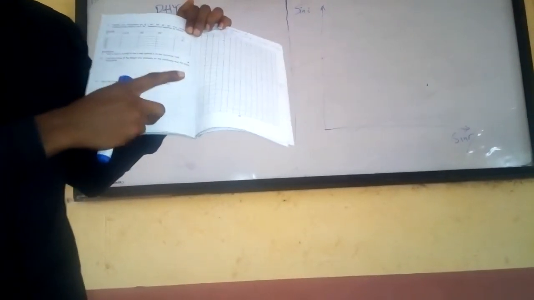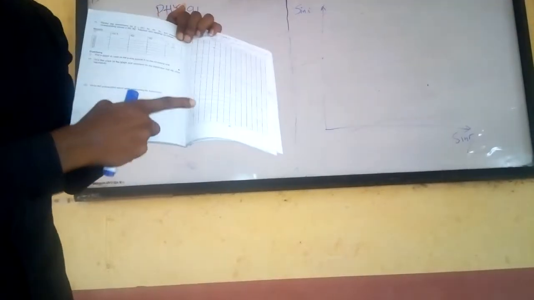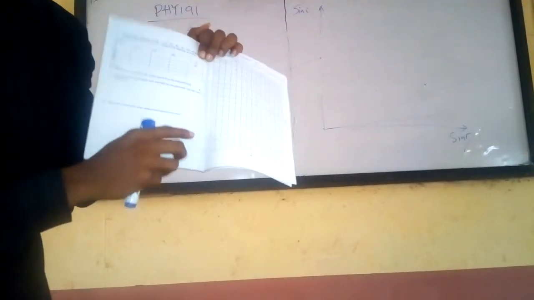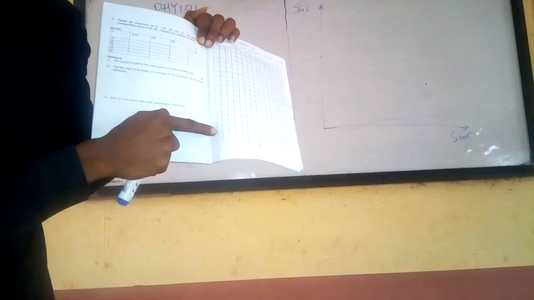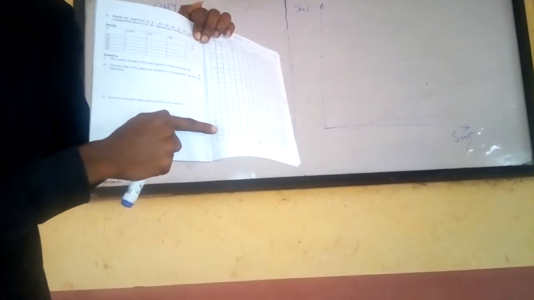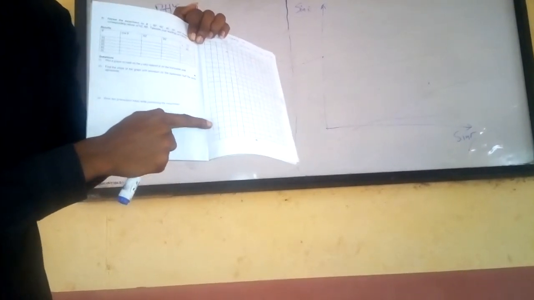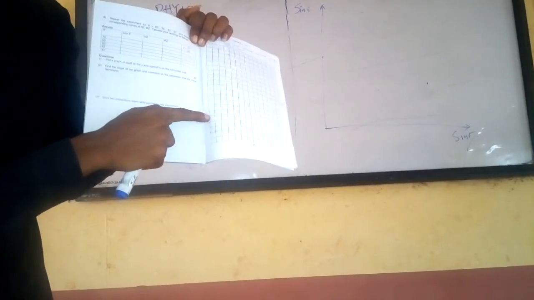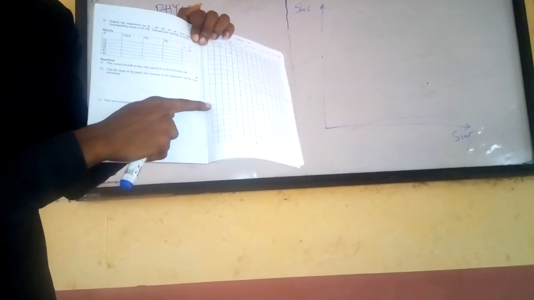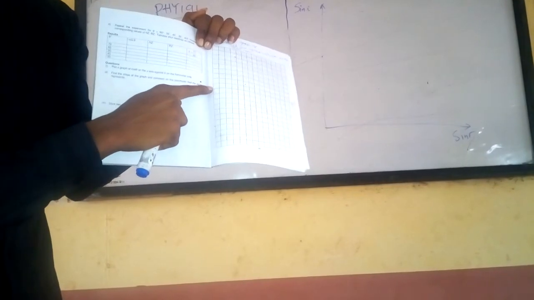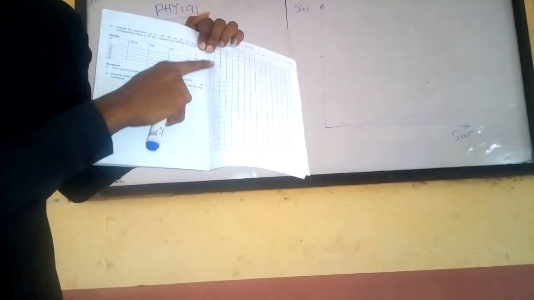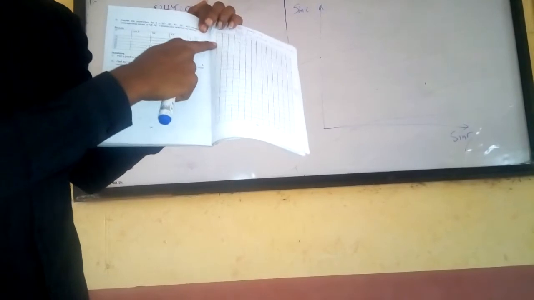So now if I want my graph to cover 8 boxes, I will count them in twos. From here to here is 1, that is 2 boxes. From here to here is 2, 3, 4, 5, 6, 7, 8. So I've counted 8 boxes in twos.